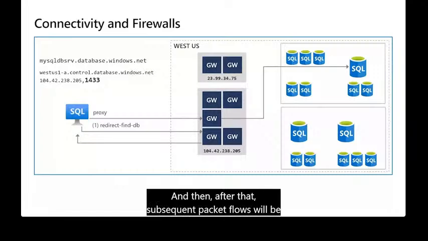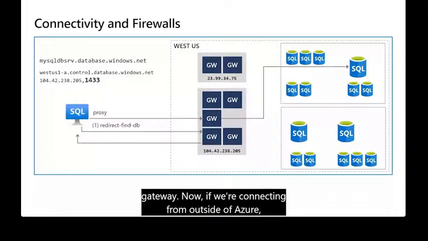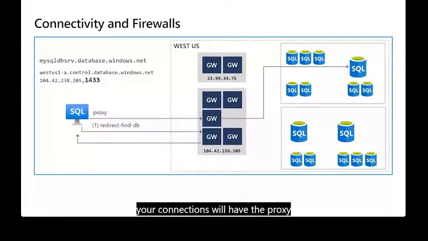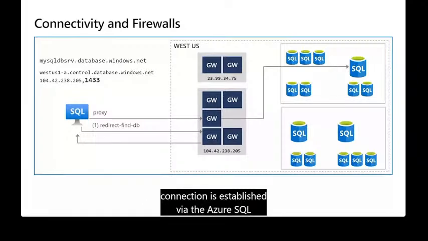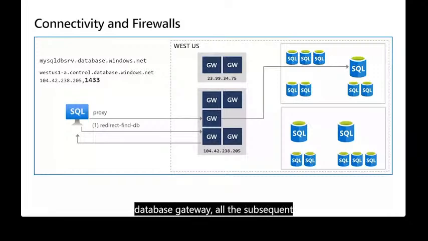And then after that, subsequent packet flows will be directed to the cluster, bypassing the Azure database gateway. Now, if we're connecting from outside of Azure, your connections will have the proxy connection policy by default. So a policy of proxy means that once the TCP connection is established via the Azure SQL database gateway, all the subsequent packets will flow via the gateway.